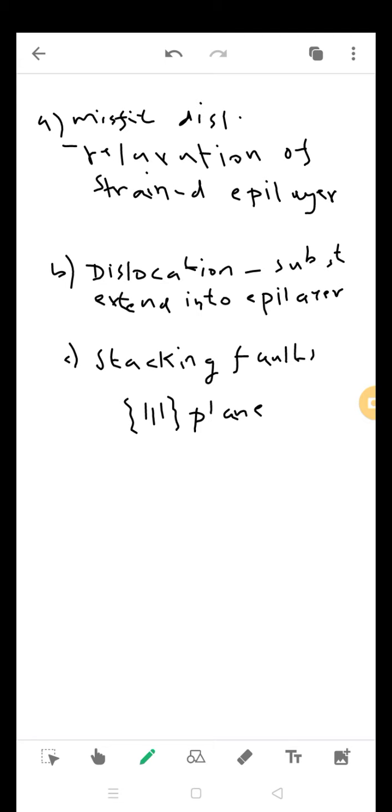Now, if the growth area is small, then this misfit strain is partitioned.